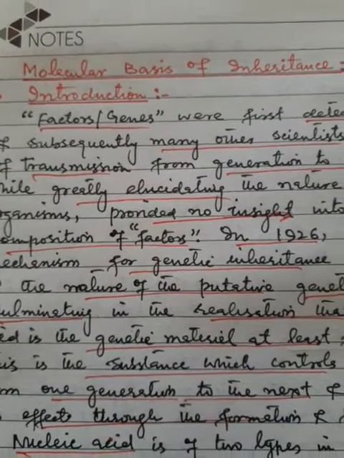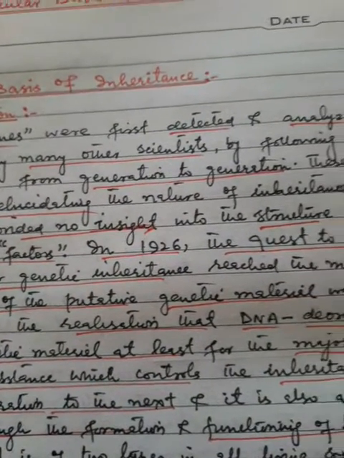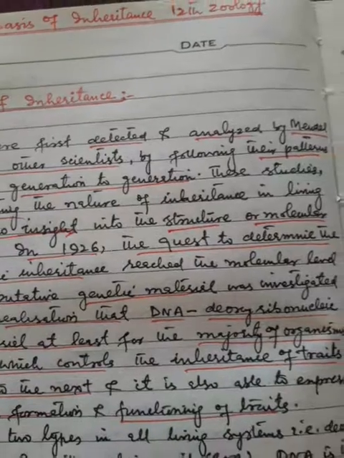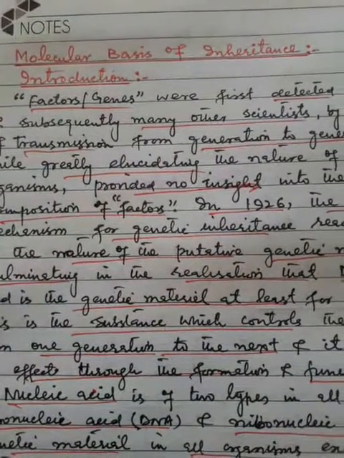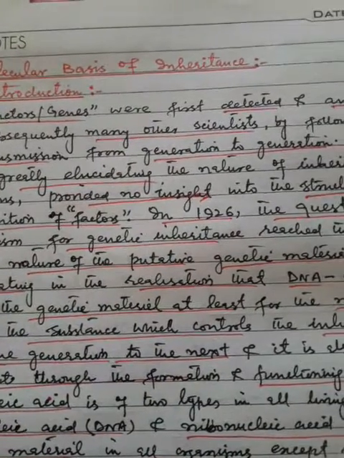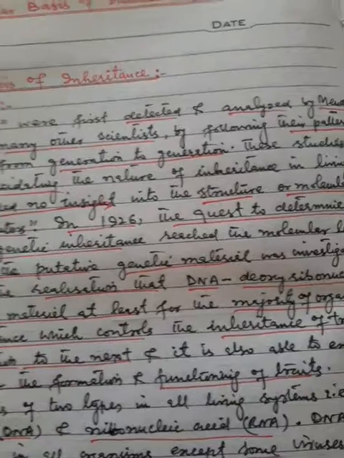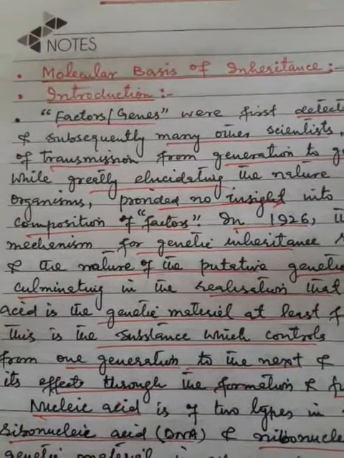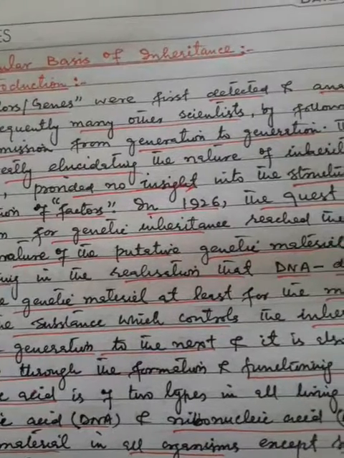Factors or genes were first detected and analyzed by Mendel and subsequently many other scientists by following their pattern of transmission from generation to generation.